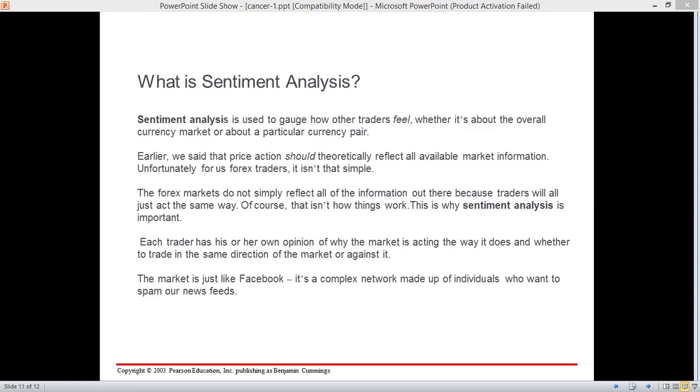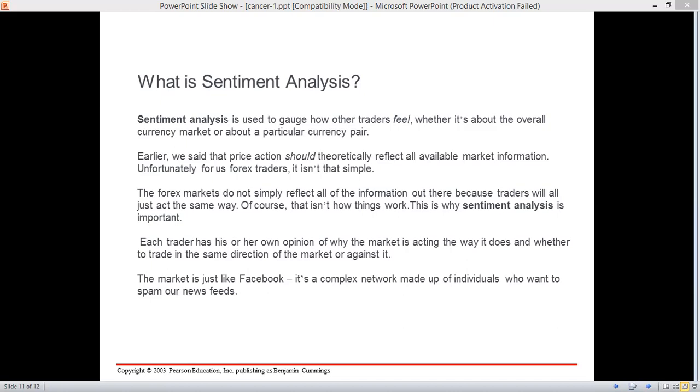Earlier, we said that price action should theoretically reflect all available market information. Unfortunately for us forex traders, it is not that simple. That's correct. The forex market does not simply reflect all the information out there, because traders will not all act the same way. Of course, that isn't how things work. This is why sentiment analysis is important.